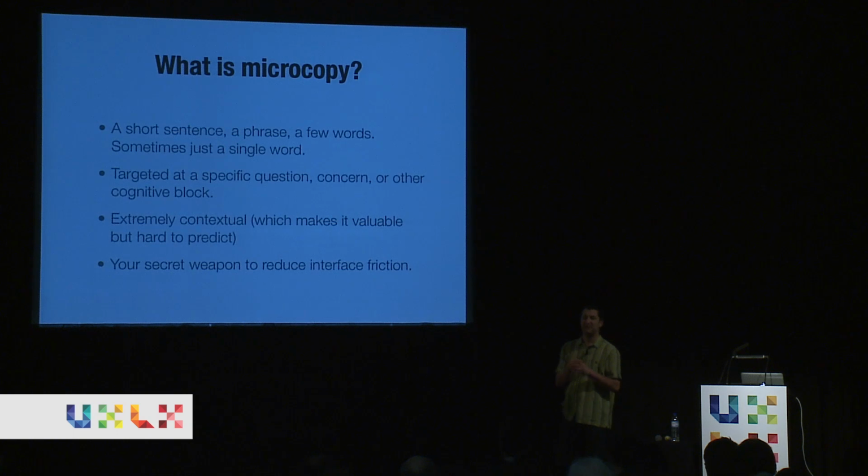I do a lot of usability testing at HubSpot, and so many of the problems can be removed by just adding the tiniest bit of copy. It's really amazing. So I think of it as a secret weapon.